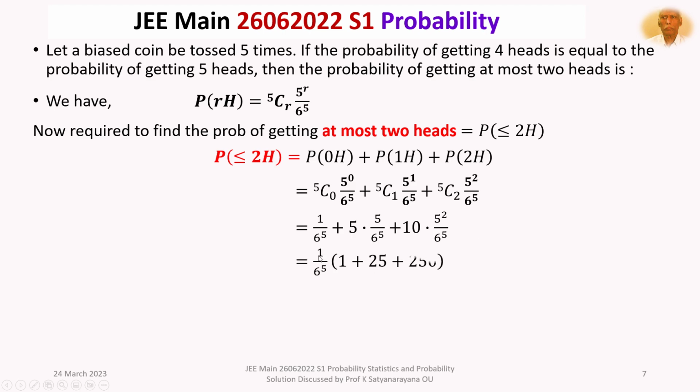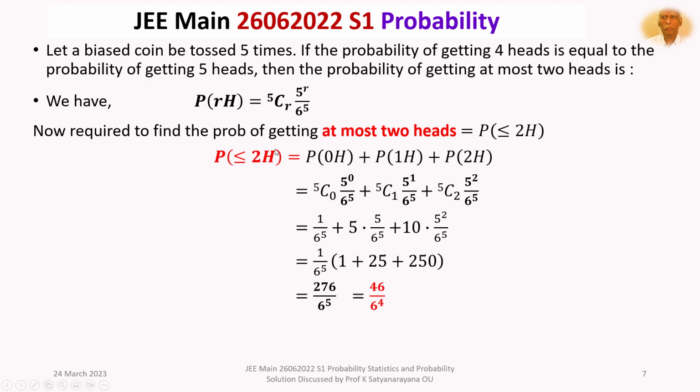Taking 1 by 6 to the power of 5 as common, we get 1 plus 5 into 5, that is 25, plus 10 into 5 square, that is 250. That is 1 by 6 to the power of 5 into 276. Now cancelling 6 from both numerator and denominator, we get 46 by 6 to the power of 4.